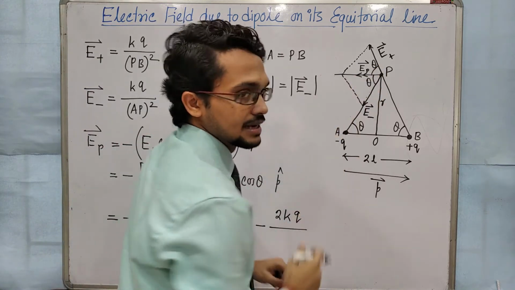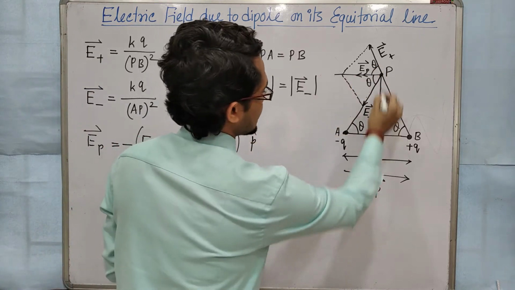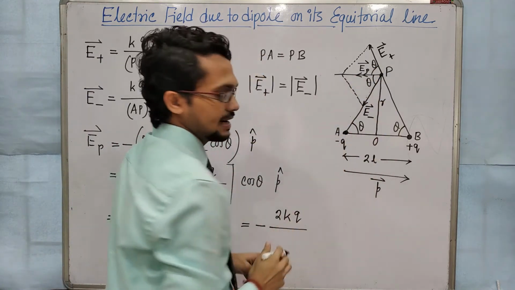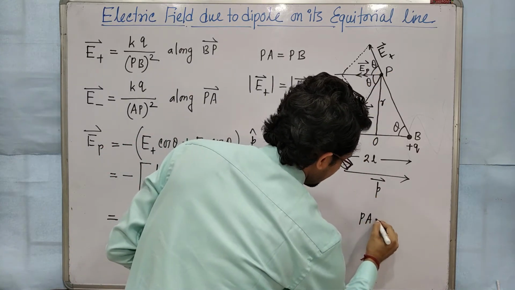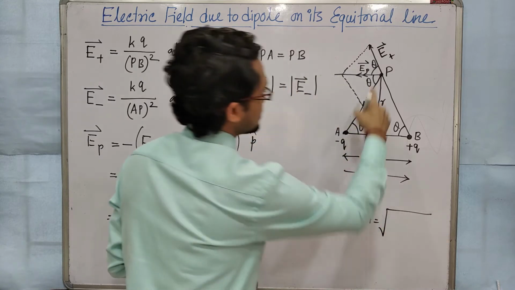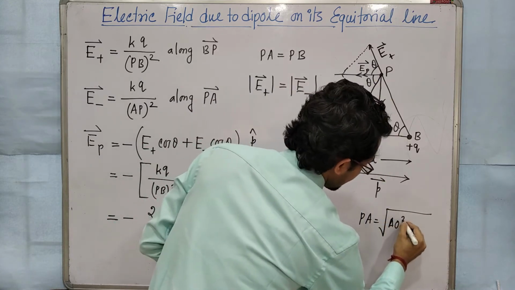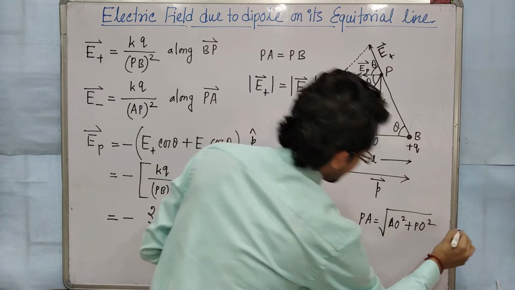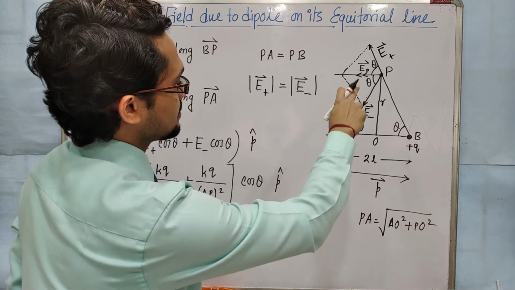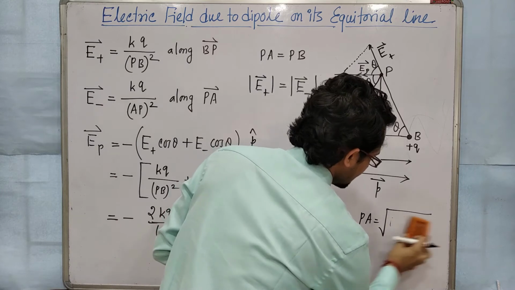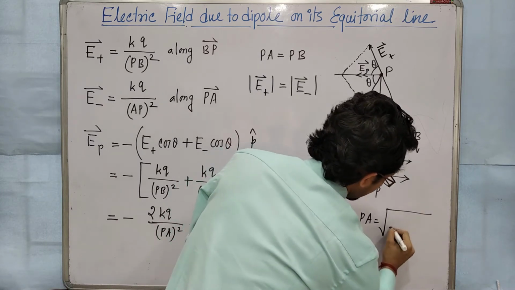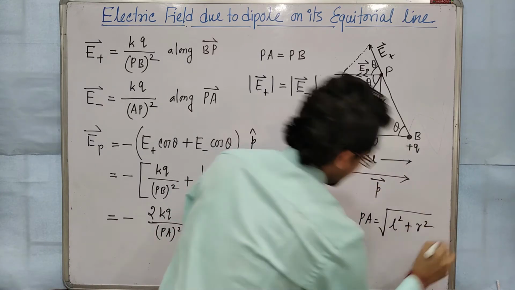PA is the hypotenuse of this right angle triangle PAO. So PA will be root over AO square plus PO square, which is L square plus R square.